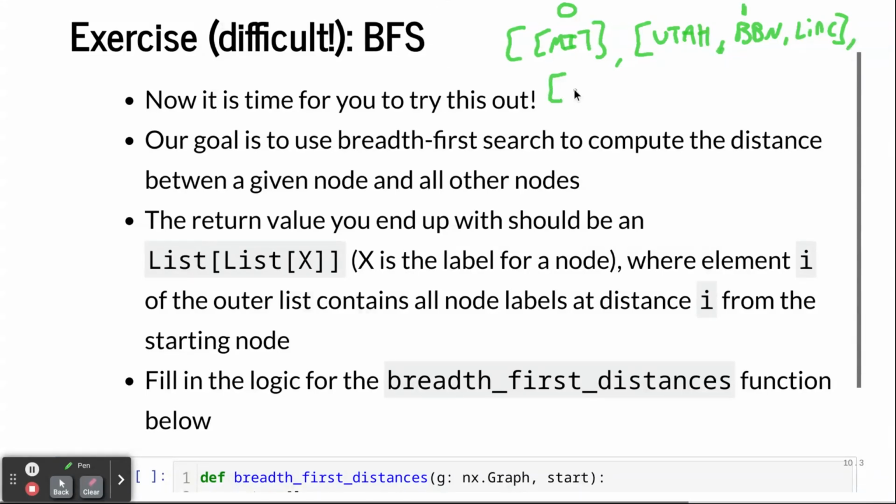We would then include these 5 nodes that were at distance 2, and finally we have one other element where we have those last 3 nodes at a distance 3. So the idea is this outer list just contains collections of nodes, and each of these collections is the list of nodes at that particular distance from the starting point.